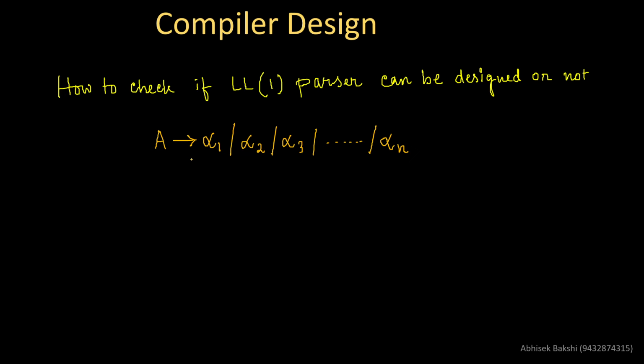In the first of alpha 1. If I assume that alpha 1 is not lambda, it is some combination of terminals and non-terminals. I can say alpha i is (V union T) whole star.